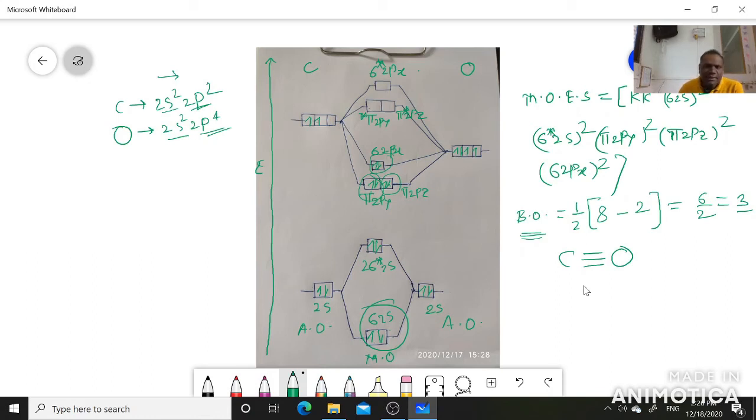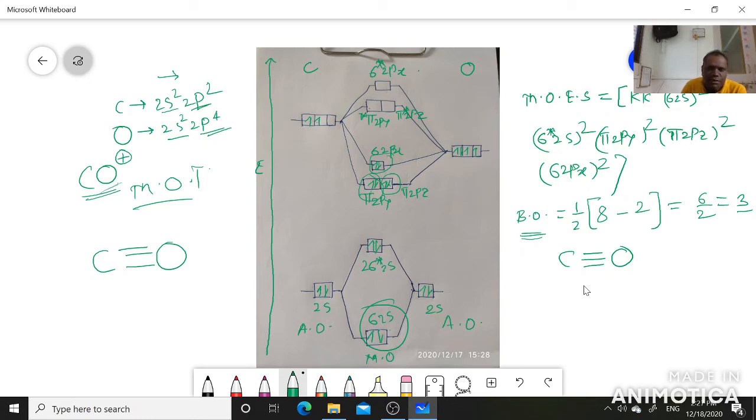Now this is not the perfect explanation for the carbon monoxide molecule with the help of MOT, that is molecular orbital theory. What happens if we ionize this molecule? One electron will be removed, and there will be a positive charge on this molecule.